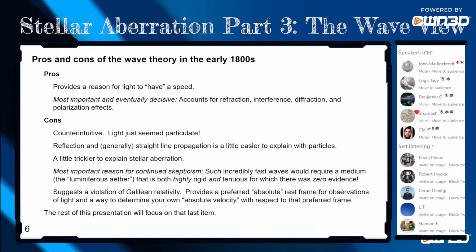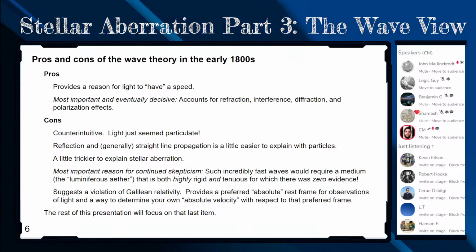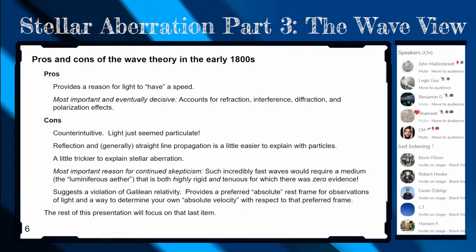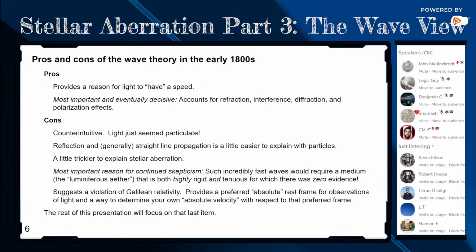So we'll go on from there. Sorry, go ahead. Well, I was just going to mention, it was because up to that point, let's say the mid to late 1800s, every single wave phenomenon ever observed, besides light waves, water waves, sound waves, pressure waves, every kind of wave always required a medium to propagate through.